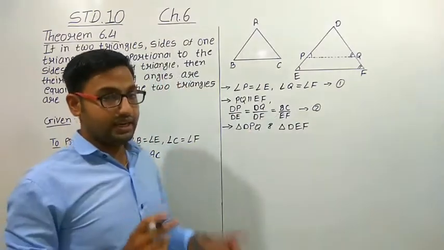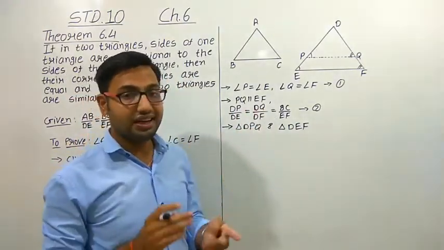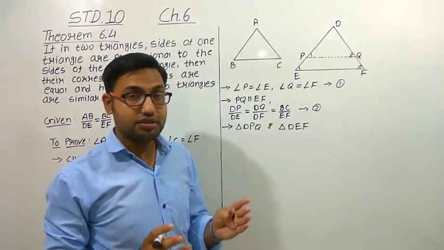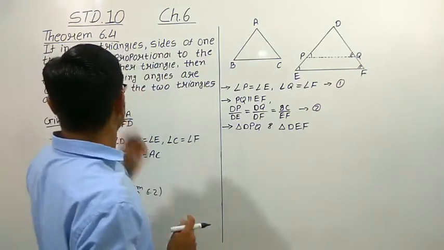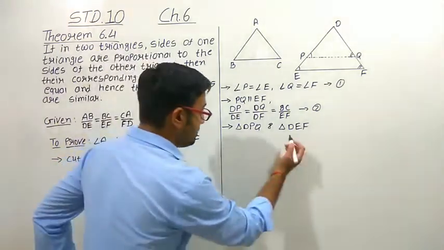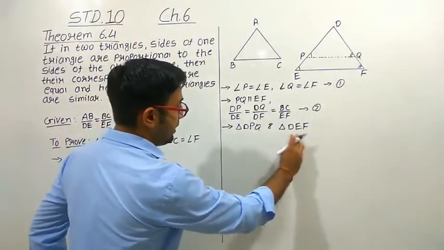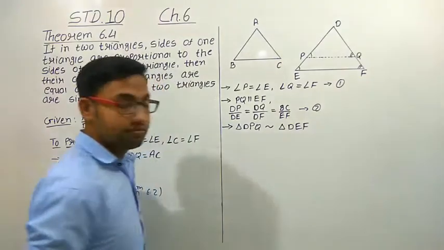So if in any two triangles the three angles are equal, then the two triangles will become similar. That we have studied in the previous theorem number 6.3. So now both these triangles DPQ and DEF are becoming similar, right?